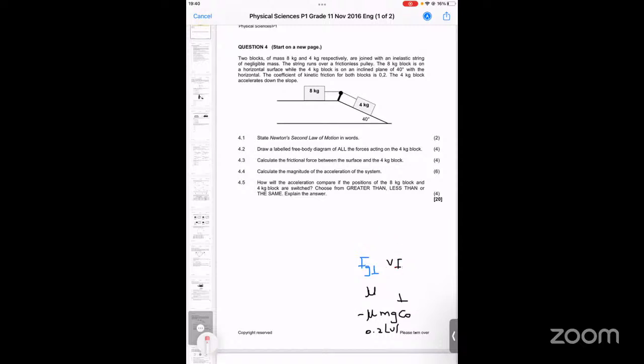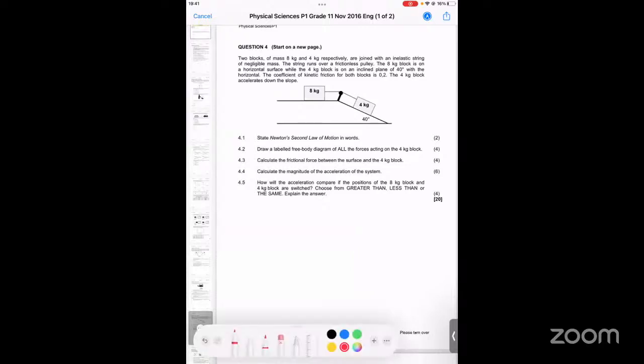What I know is that if you don't want to include FG, you must include both its components, FG parallel and FG perpendicular. But if you include only one component, it is wrong.